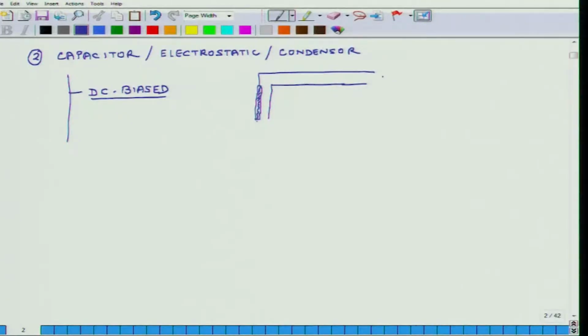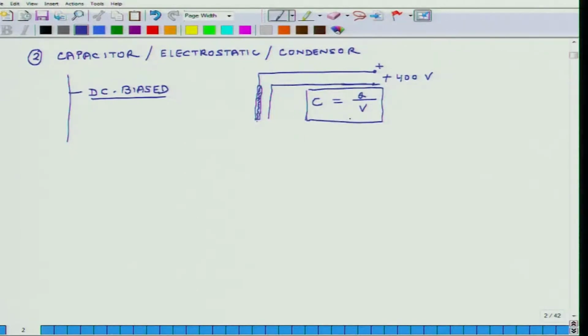Let's say I put something like plus 400 volts across these, and it's a DC voltage. Once this is there, the capacitance across these two plates can be calculated in terms of the charge accumulated on the plates divided by the voltage across the plates. So this charge is there.